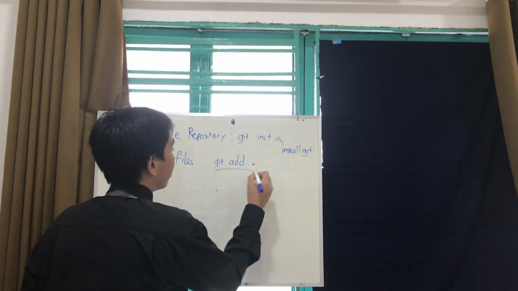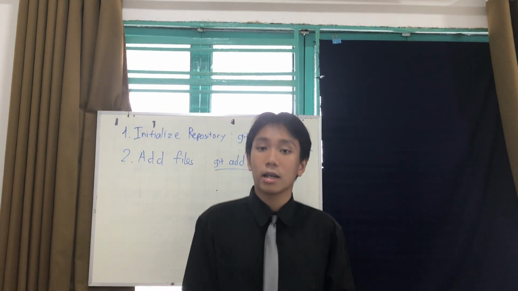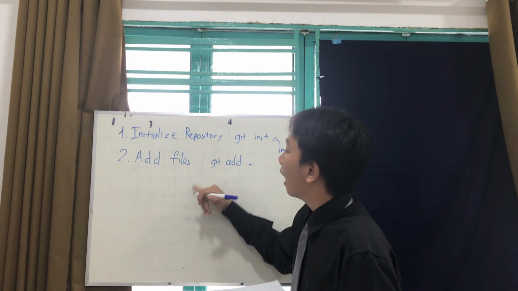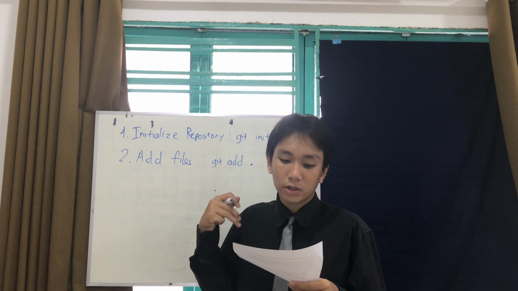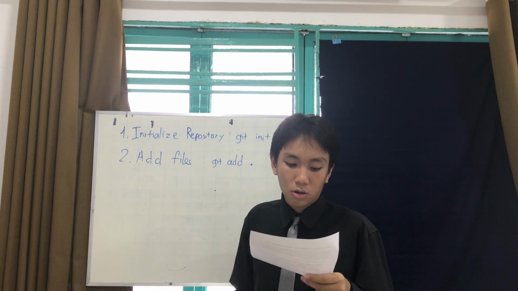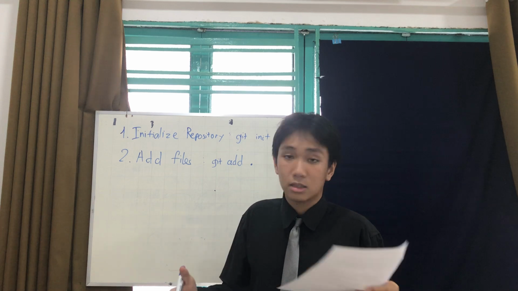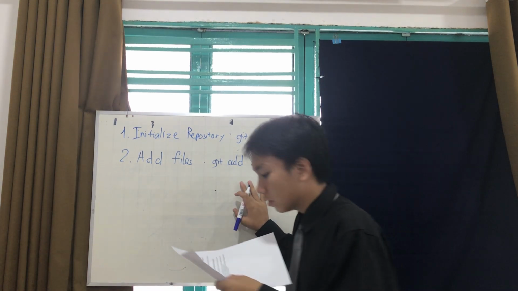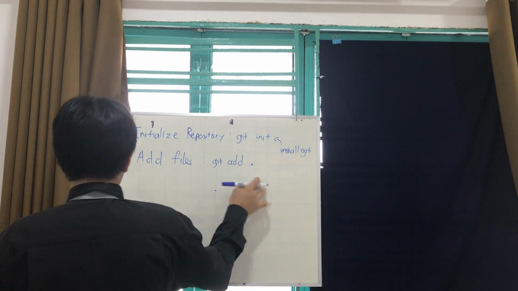So git add dot, not git add only. In doing this, you will see what has changed: the project files, the scripts, the config files, and things like that. Everything that you have changed in your code, you can track. So this is the second step.